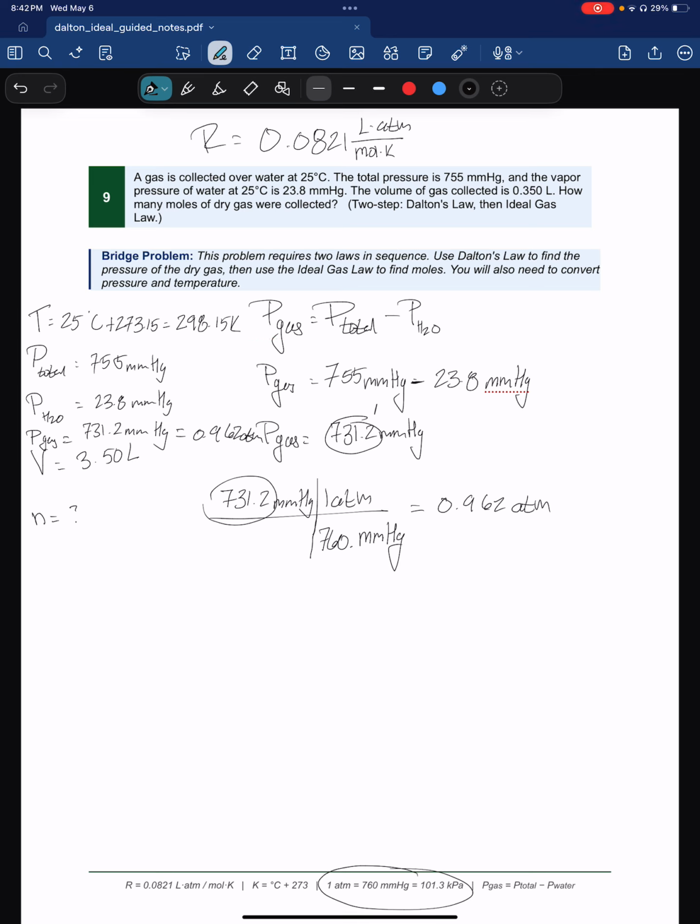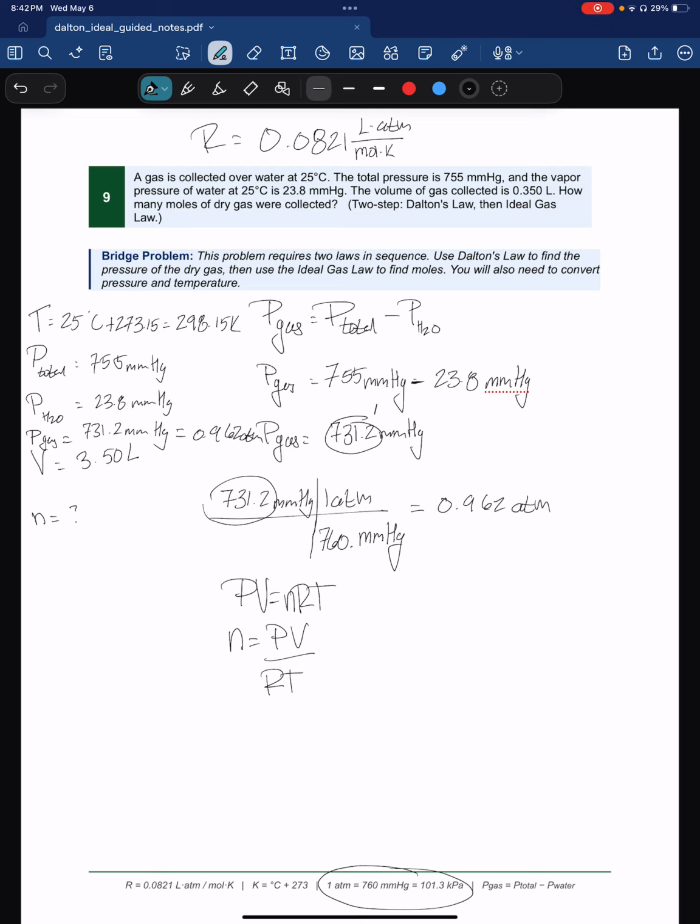All right, I think we have everything we need. We've got things in liters, atmospheres, and Kelvin, and we're looking for moles. So I'll write out PV equals nRT, and then solve for moles. n is equal to PV over RT.